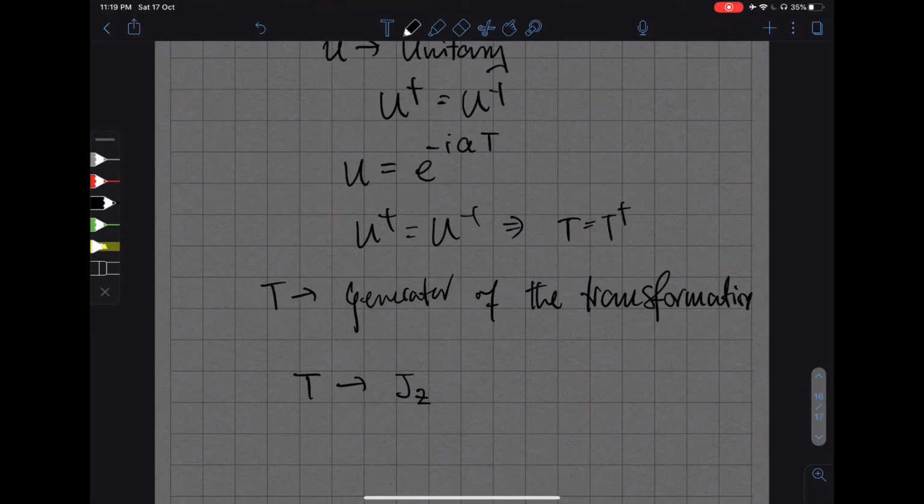Even if the system is not invariant under rotation around the z-axis, the transformation that results on the Hilbert space as a result of the rotation of the state around the z-axis will still be given by J z.